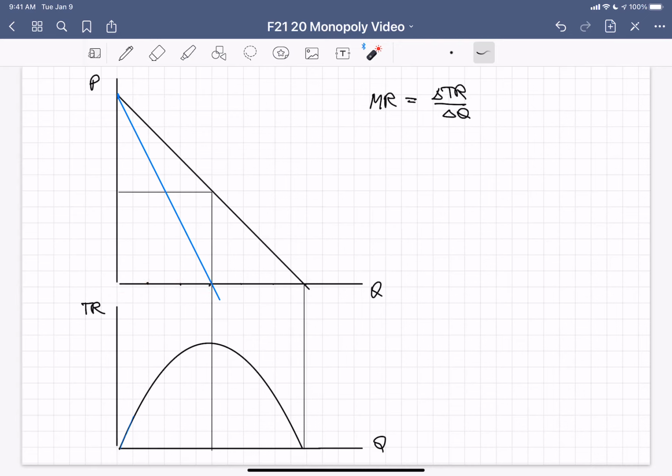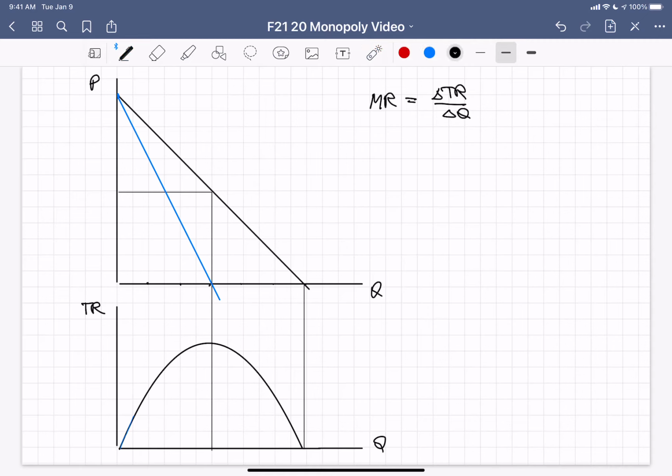If the company's goal was to maximize total revenue, the answer would be quite straightforward. This is where we want to set our output, because that will give us the largest total revenue. But our goal is more complicated than that. It's more sophisticated.